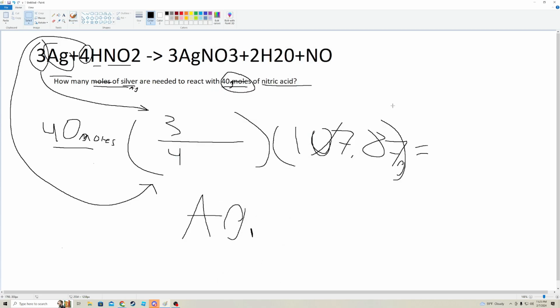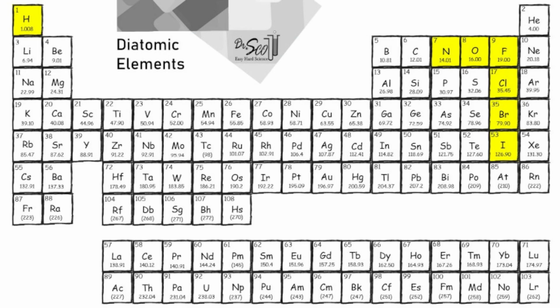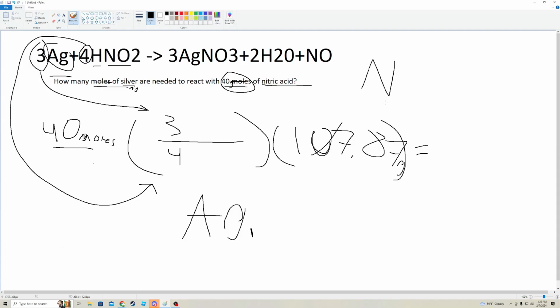And although it's not present in this equation, it is extremely important to know that, let's say it's one of the 7 diatomic elements. If you don't know what those are, they're basically elements that if they're alone, they have to have 2 of them. So like if it's nitrogen, you can't just have nitrogen with a subscript of 1. You'd have to have a subscript of 2. That is important because this atomic weight is not going to be 14.007.